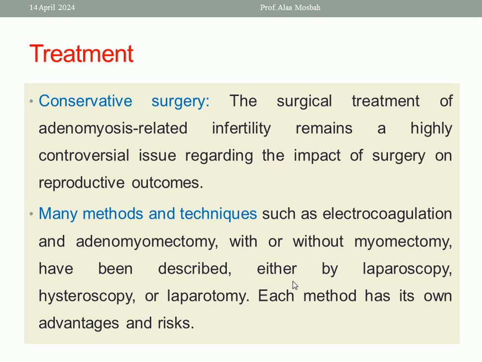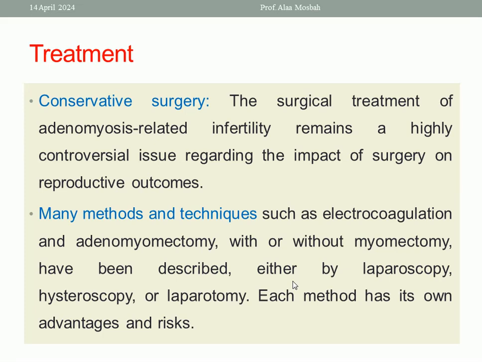Let us go to the conservative surgical treatment. The surgical treatment of adenomyosis-related infertility remains a highly controversial issue regarding the impact of surgery on reproductive outcome. Many methods and techniques, such as electrocoagulation and adenomyomectomy, with or without myomectomy, have been described, either by laparoscopy or hysteroscopy or laparotomy.